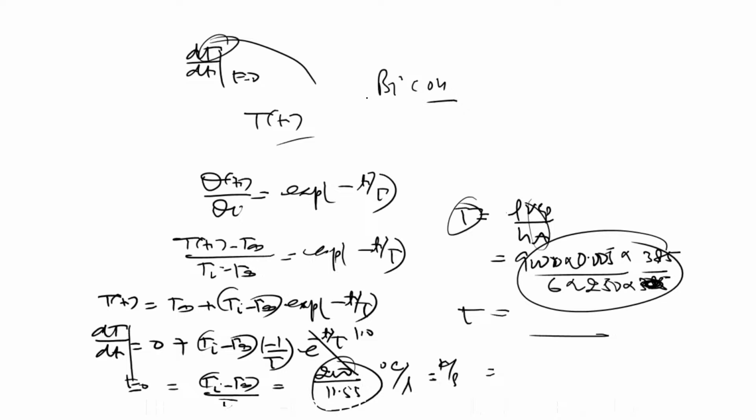It will be mentioned to you. If it is not mentioned, then always use the custom method, and custom is volume by surface area. Clear, sir? Now tell me what is the answer of this. What is 200 upon 11.55?